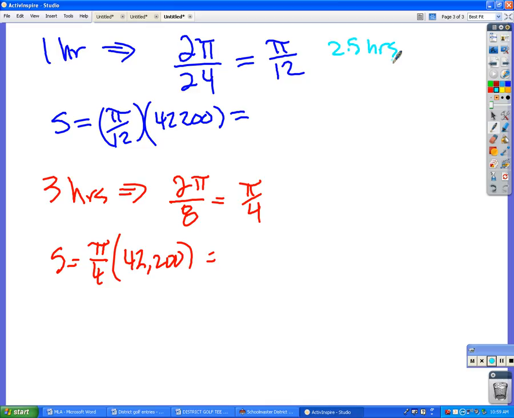Basically I'm going to go 2.5 divided by 24, because that's the fraction of the distance that I've gone, and multiply that by 2 pi, and that'll be my angle. Does that make sense? Because we really did the same thing here. Here we took 2 pi and multiplied it by 1 over 24, because I went 1 hour out of 24 total. Here I took the whole distance and multiplied it by 3 over 24, which reduces to 1 over 8.